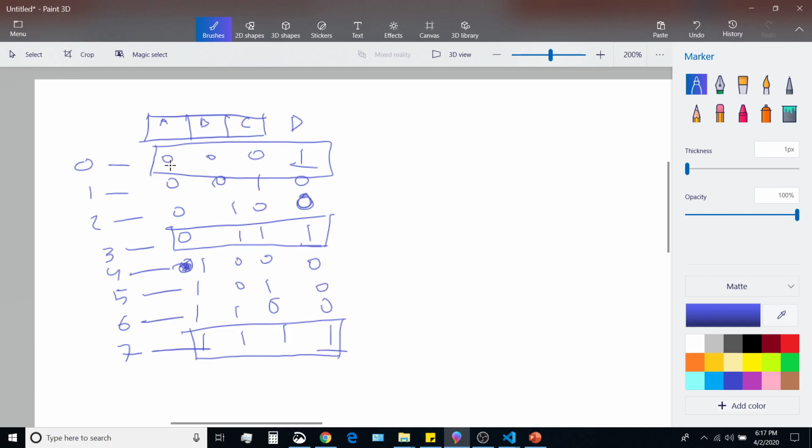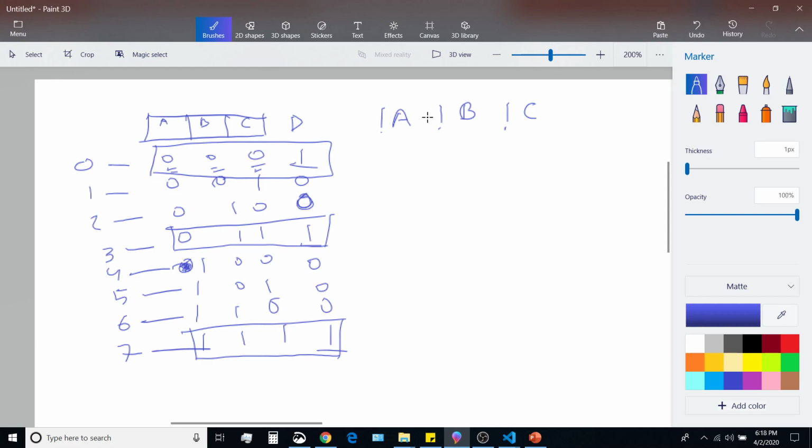So the idea is whenever there's a 0, you write that as a not. So I'm going to write it like this: A, B, C, because 3 of them are zeros, so I'm going to write them with not.